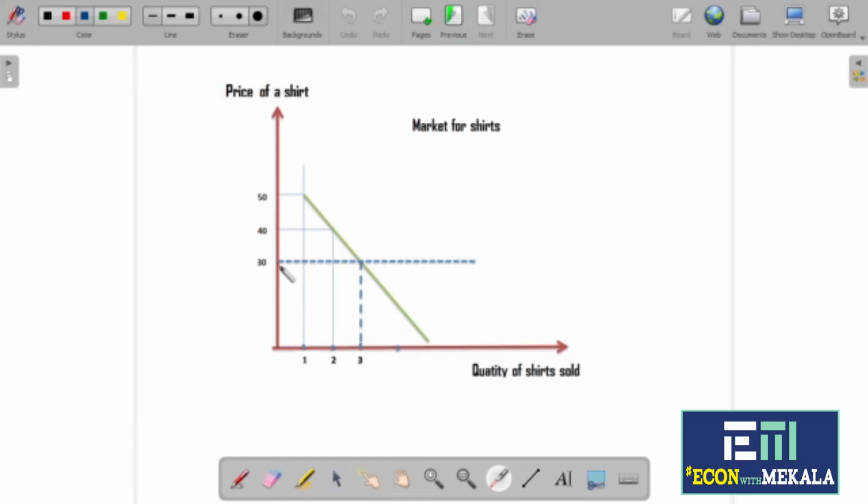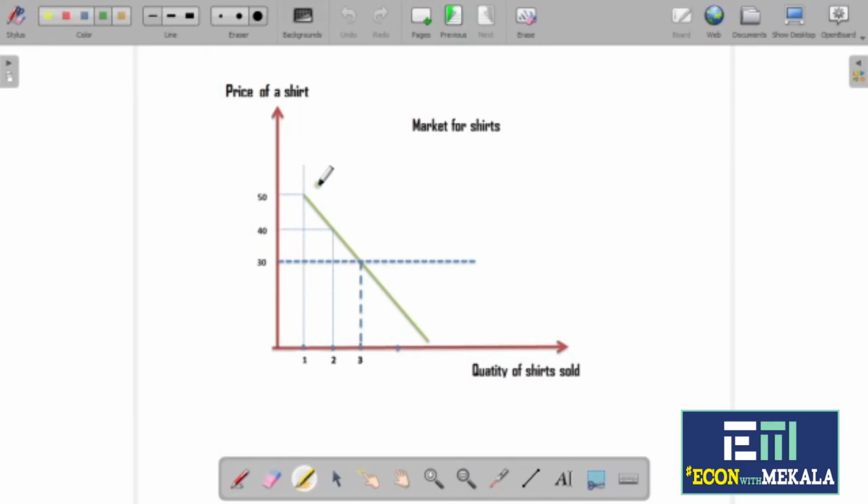Now if you look at 30, what has happened? You can buy the third shirt for 30. By then you have 3 products in hand. If you look at this graph, you can see the value for this customer.